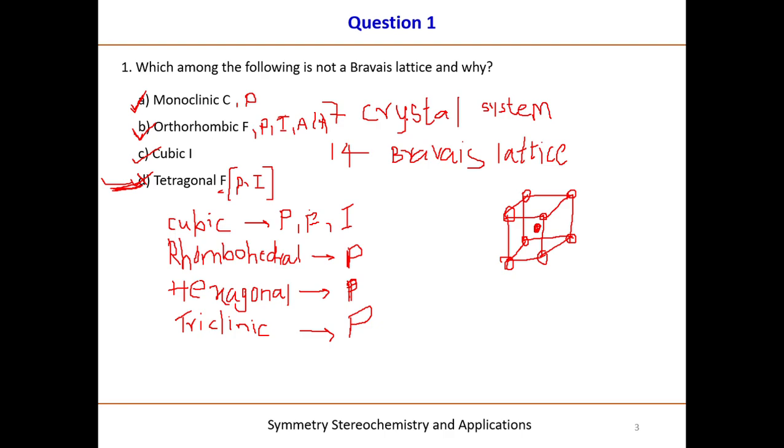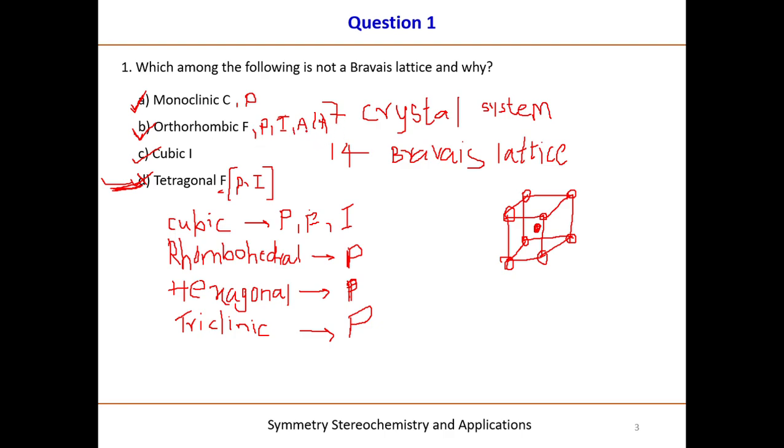In the monoclinic system we have 2 Bravais lattices, primitive and side-centered. In the orthorhombic system, we have the face-centered lattice, the primitive Bravais lattice, the body-centered Bravais lattice, and the base-centered lattice also.